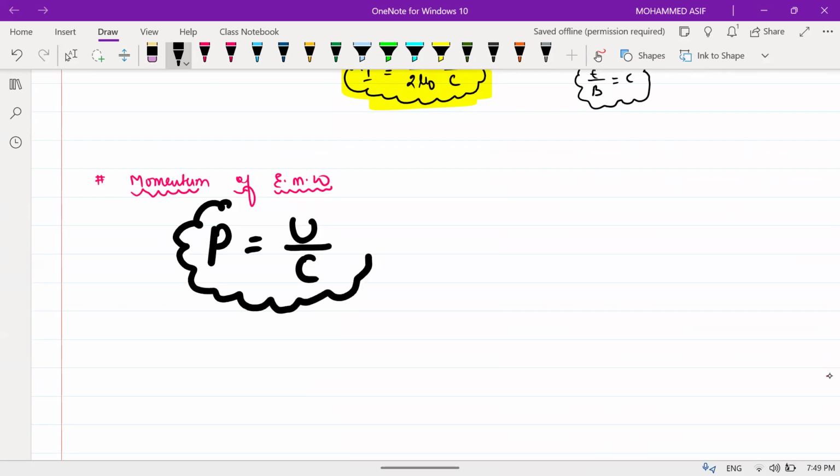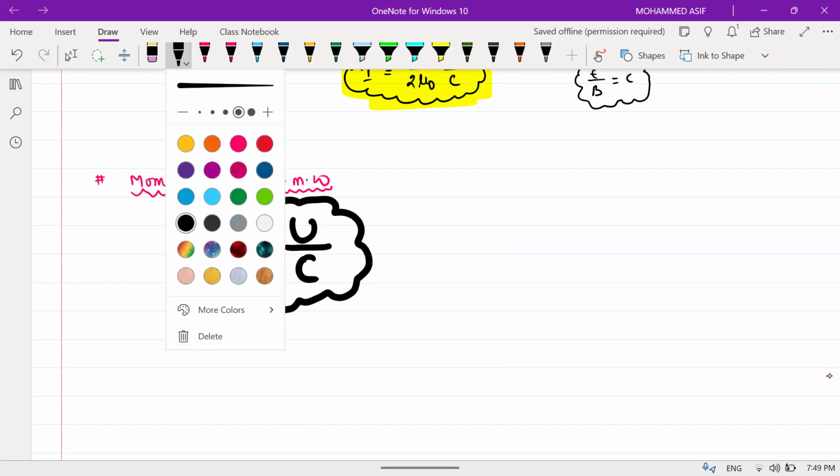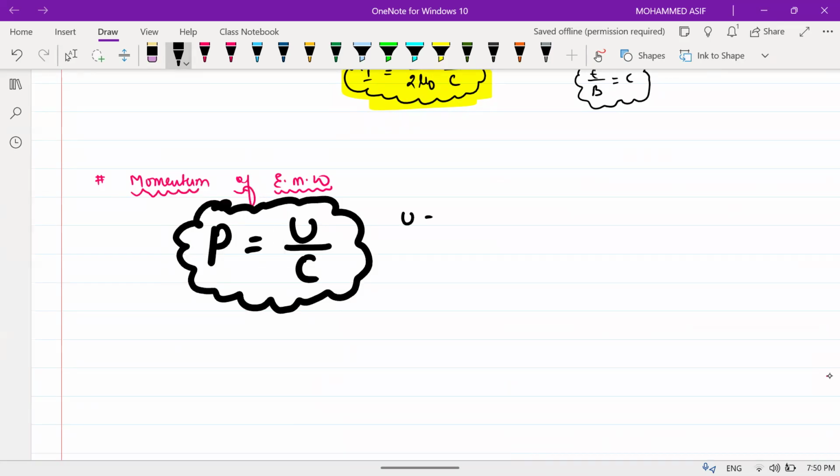P is equal to U divided by C. U is your total energy, and C is your speed of light, the speed of electromagnetic wave. And P is your momentum.